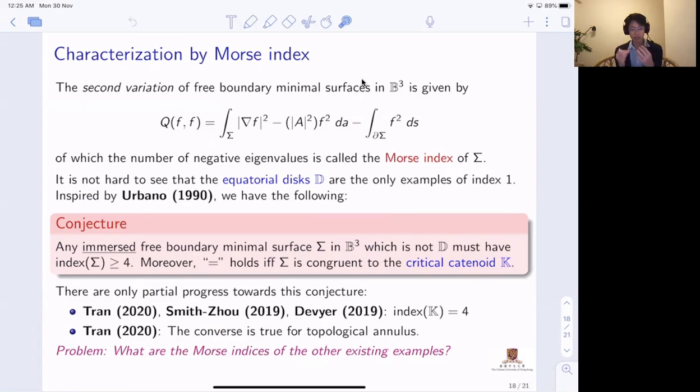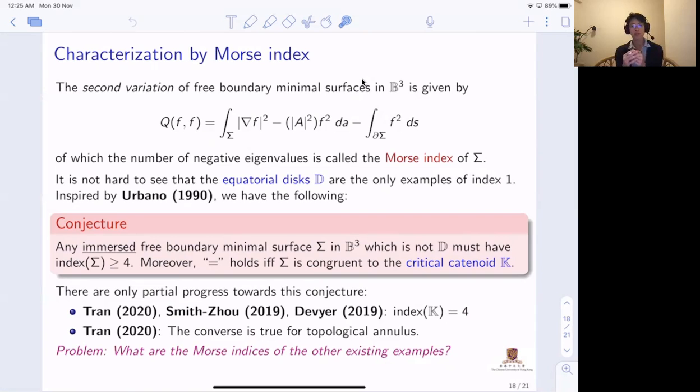So far, this is still not solved yet, but the problem has been solved by Tran if you assume that the minimal surface is topologically an annulus. Then we know that it is a topological annulus and the index is equal to 4, then it has to be the critical catenoid.